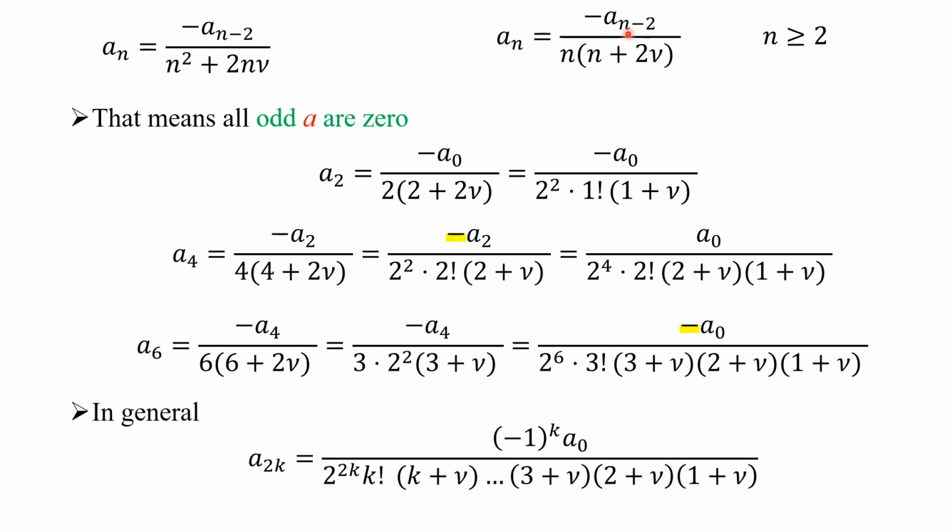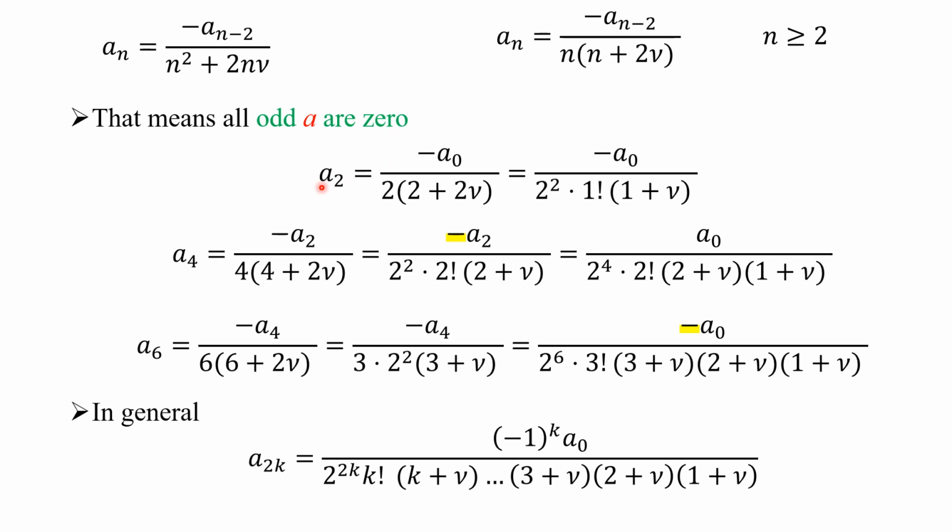Then here the numerator is 5 minus 2 which is 3, giving a3. Just now I told that a3 is 0, so naturally a5 is also 0. So you will have 0 for all odd numbers. You will have a solution only for even numbers.